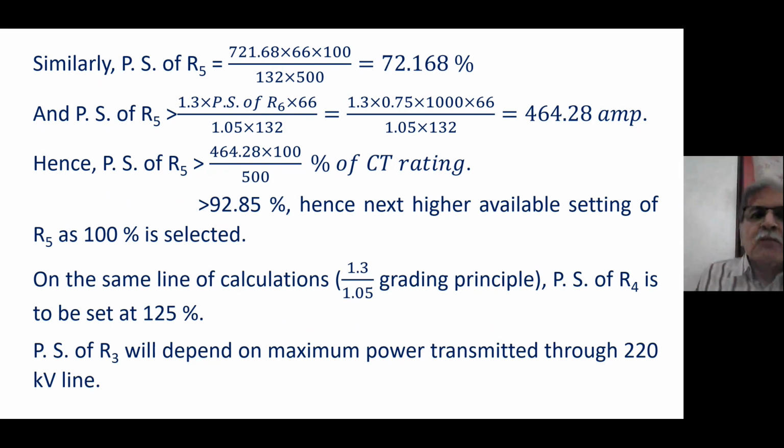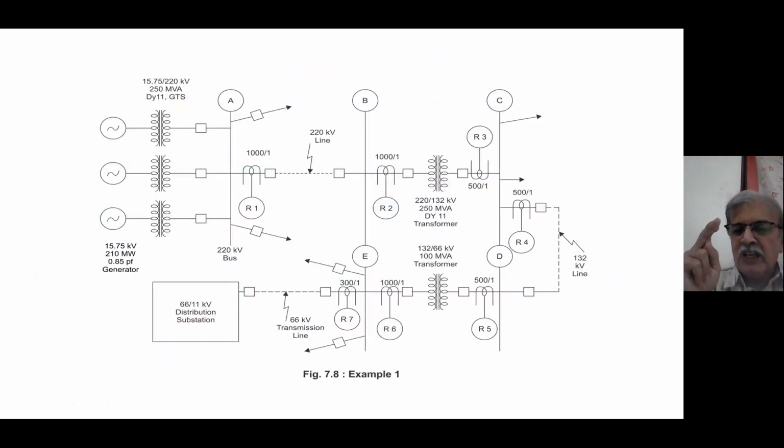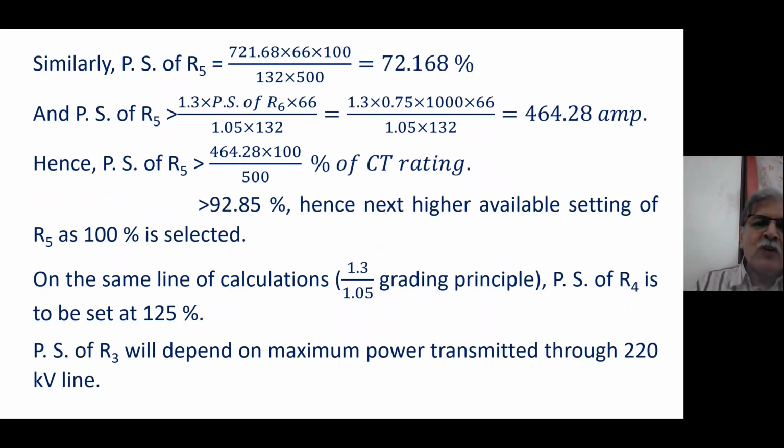But if I consider that 1.3 divided by 1.05 with that transformation ratio 132 by 66, you cannot forget, on 132 kV side current is going to be half, 66 by 132. That factor you have to consider, and that takes me to 92.85%, my dear friend. That takes me to 92.85% because the CT at R5 is 500 bar 1. Therefore, that setting of R5 takes me to 100%.